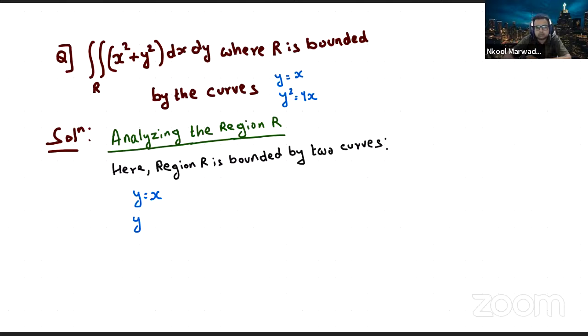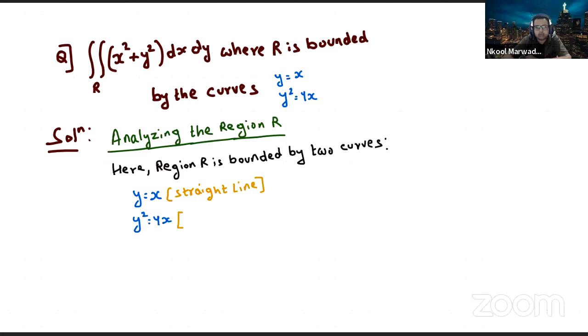Now, what is the nature of y is equal to x? It is a straight line. And what is y square is equal to 4x?